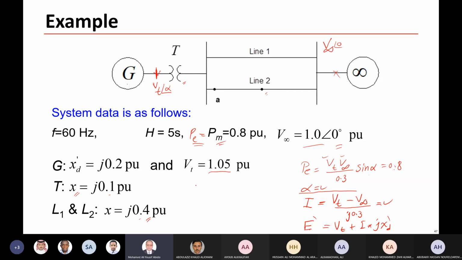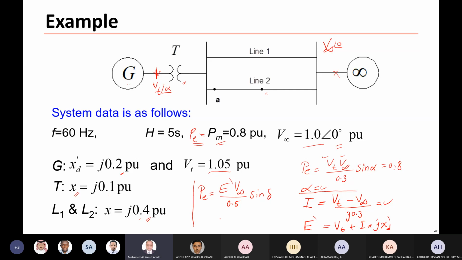So you can write now the power equation. The power equation equals E prime, which is calculated here, multiplied by V infinity over the total impedance, which is here you have 0.2, 0.1, 0.2, so 0.5, sin delta.